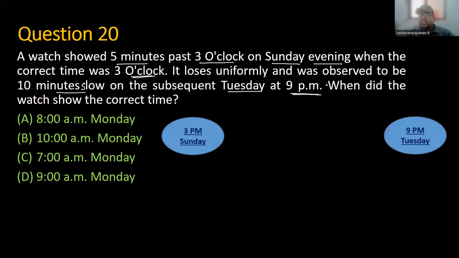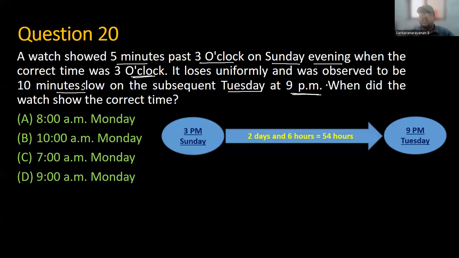So we can see that the total time duration corresponds to 2 days and 6 hours. If I'm explaining it, 3 p.m. Monday, when you are considering, is 24 hours. 3 p.m. Tuesday, when you are considering, is another 24 hours.